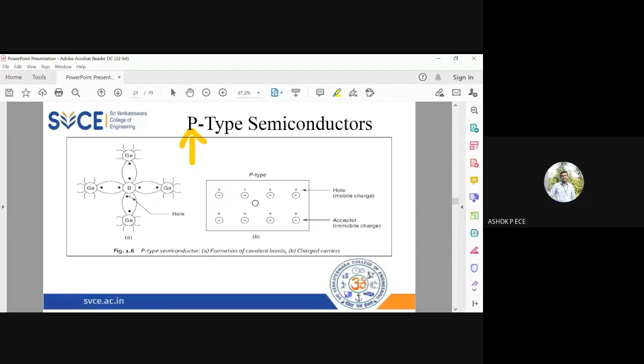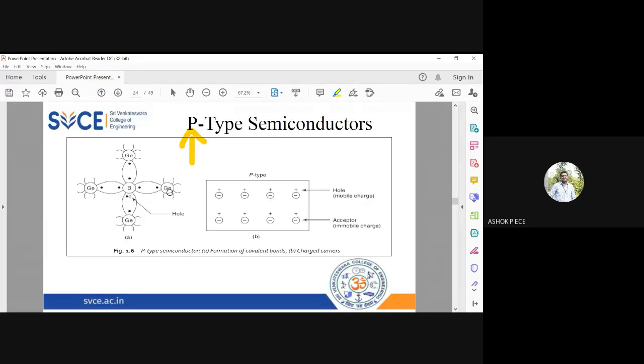How many electrons do silicon and germanium need in their valence band to form covalent bonds? Four. So if I make one electron short, and the electron is not there, that becomes a hole, right?